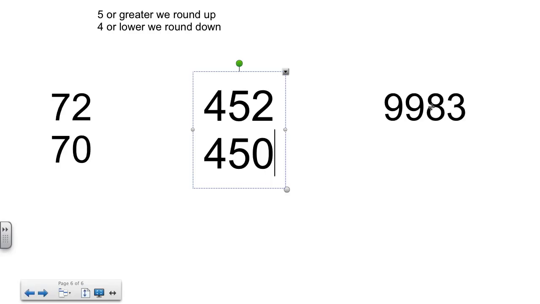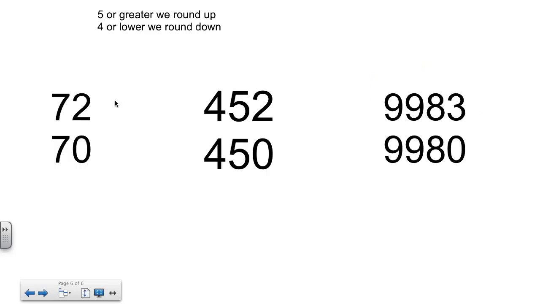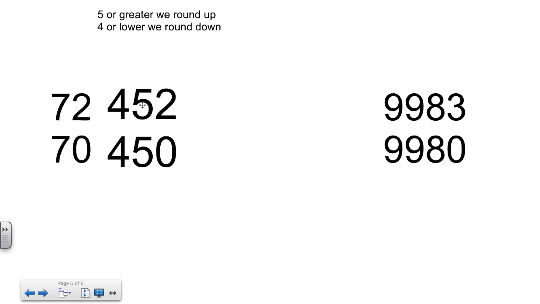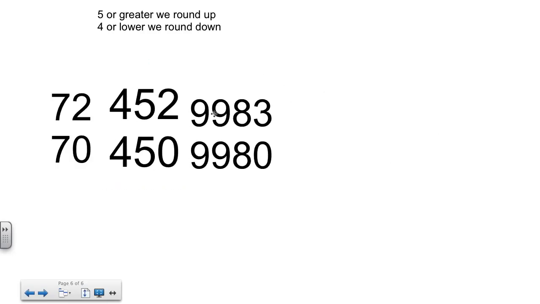In this one here, once again 3 is lower than 5, so nothing changes, except the units column rounds it off, so it's a nice round figure in the tens column.